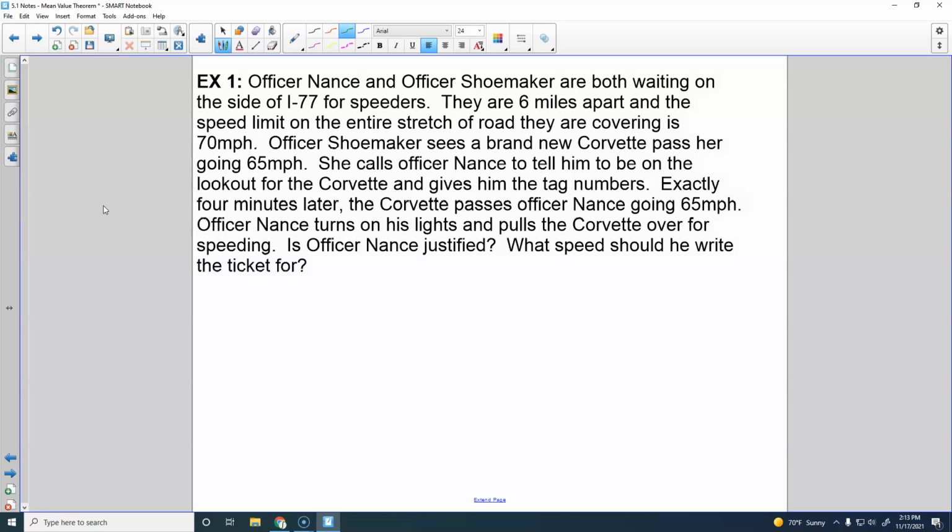She calls Officer Nance to tell him to be on the lookout for the Corvette and gives him the tag numbers. Exactly 4 minutes later, the Corvette passes Officer Nance going 65 miles per hour. Officer Nance turns on his lights and pulls the Corvette over for speeding. Is he justified? What speed should he write the ticket for?